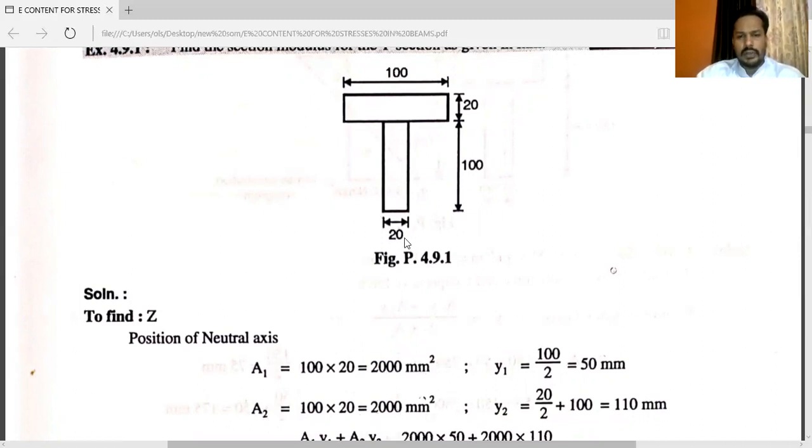We can find the value of Y1 and Y2 from the centroid. Here the distance Y1 is equal to 50 mm and Y2 is equal to 100 plus 20 by 2, that is 110 mm. We have taken this base as the x-axis.